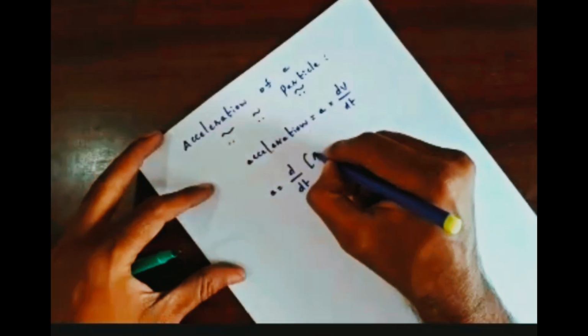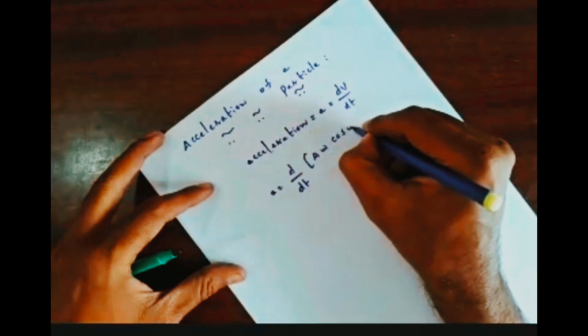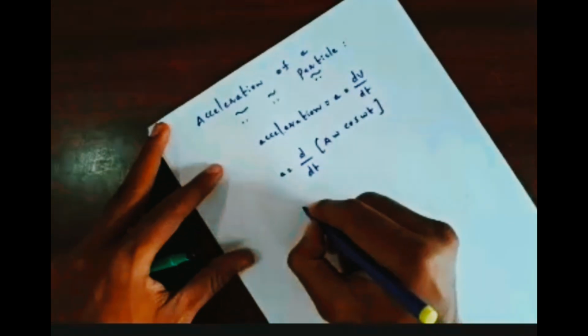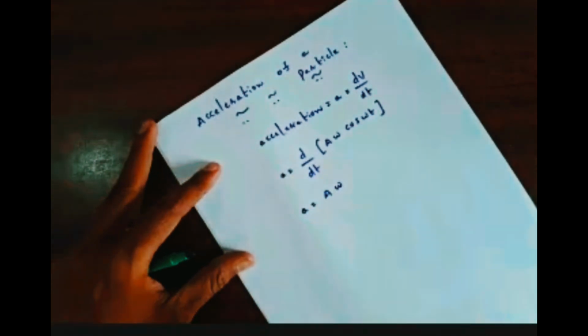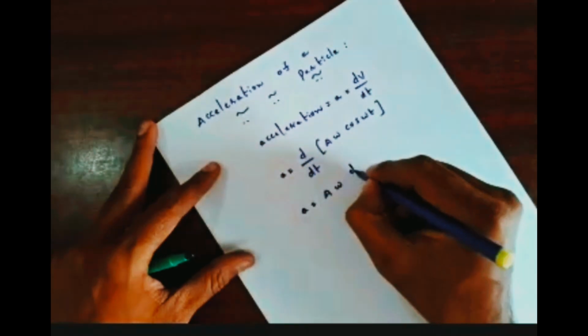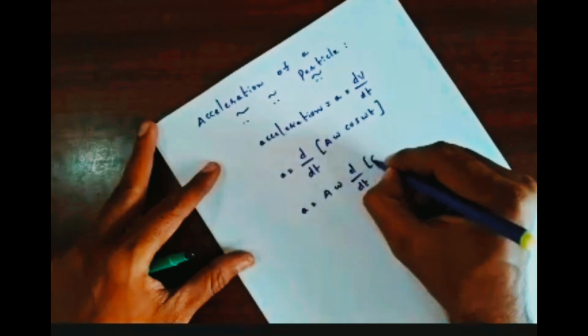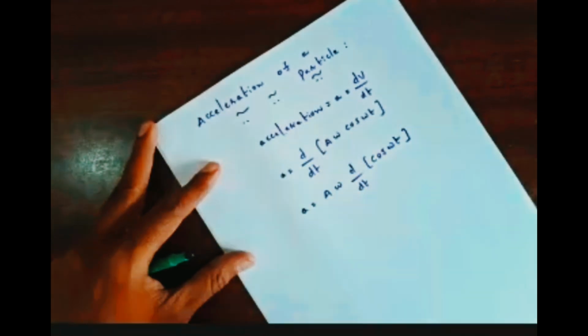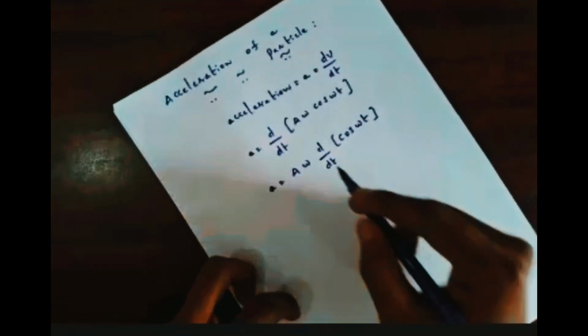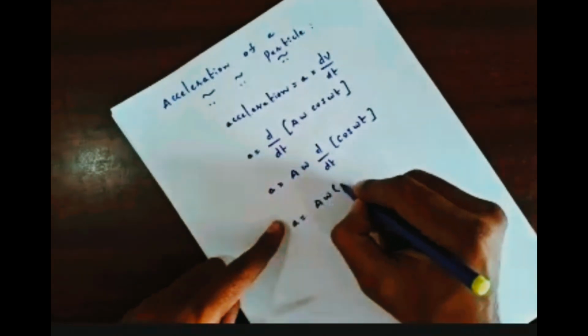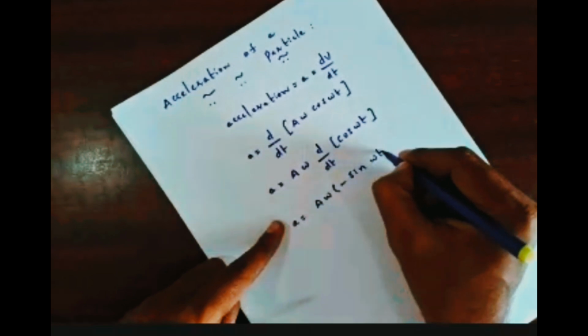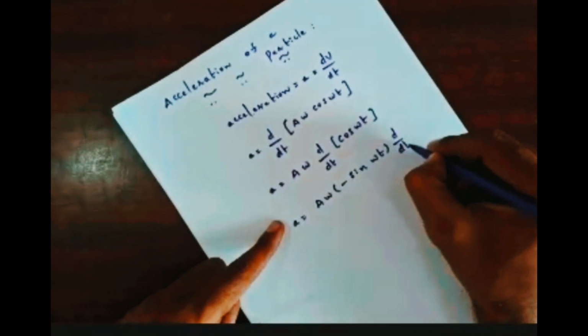Now a is the amplitude and omega is the angular frequency, both are constants, so take them out. Then d by dt of cos omega t. Differentiation of cos is minus sine, so minus sine omega t, and again differentiate the omega t.